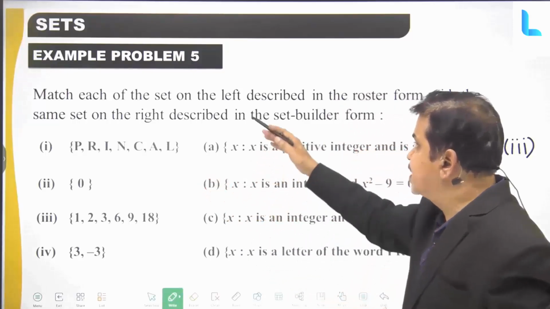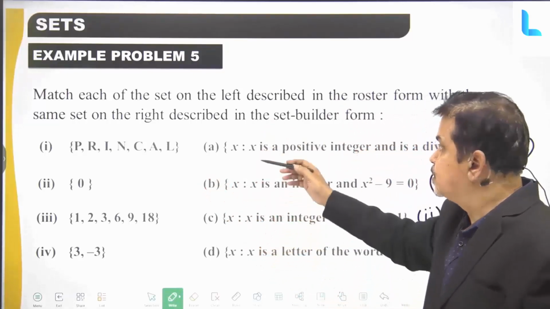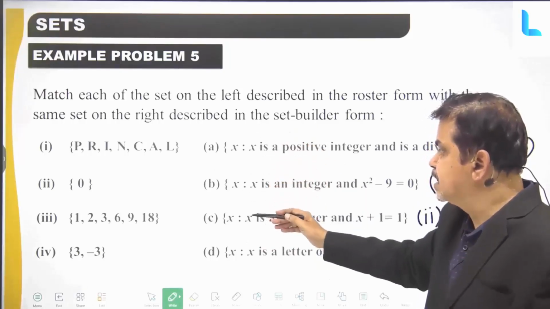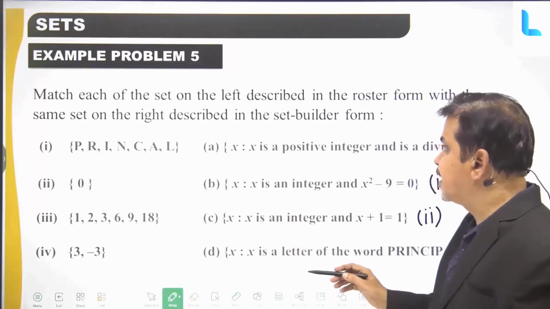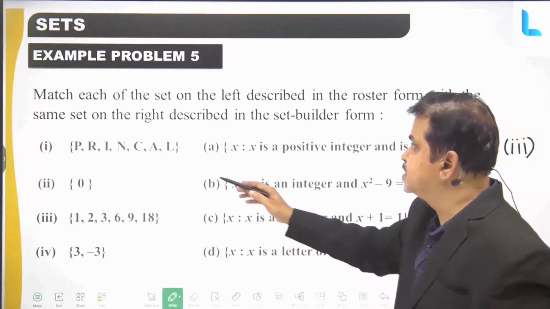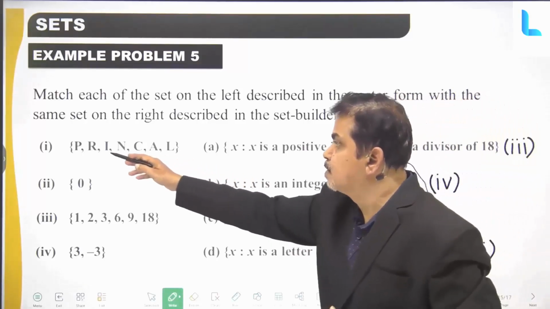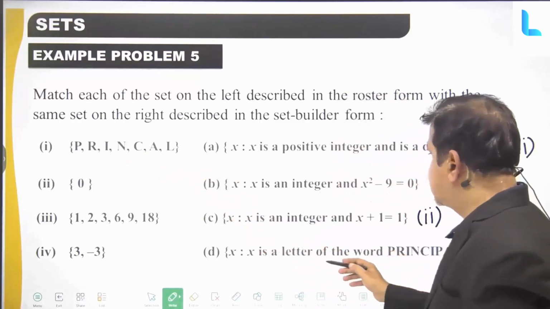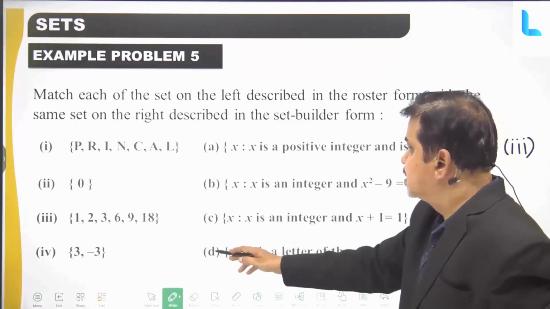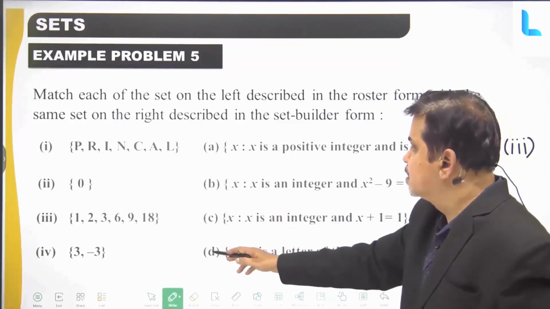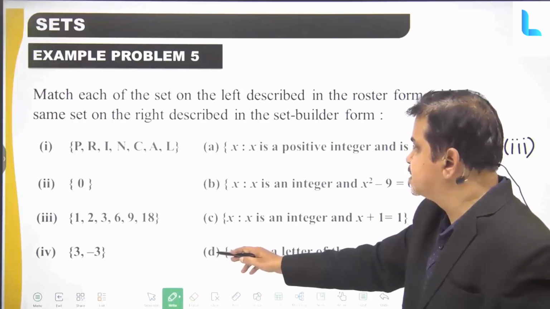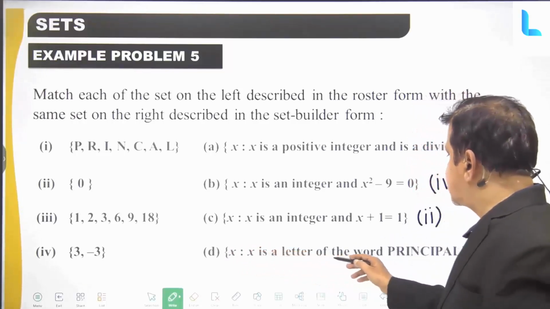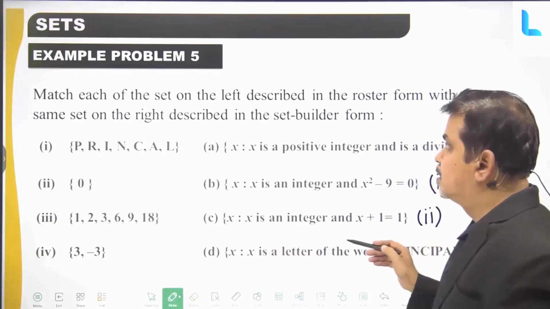And in column number 2 you have many other items listed, and you have to identify which one matches this particular roster form of writing this set. Here you can see that in option D, in braces, x is a letter of the word principal.